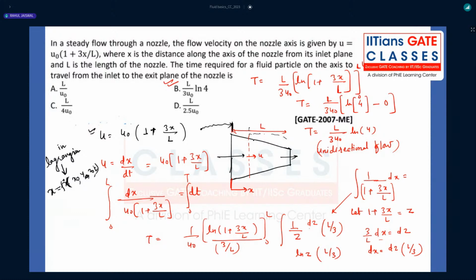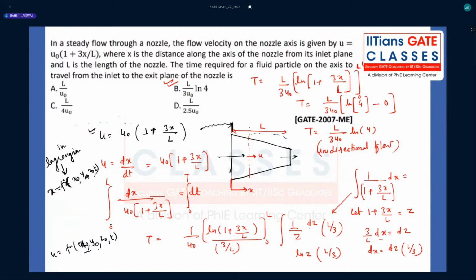So maybe you will get one big function when you do the Lagrangian analysis. You may not get a very simple velocity formula like this. You may get a big formula where the velocity is a function of x naught, y naught, z naught, and t, containing the initial position and the position at this particular instant also, right?